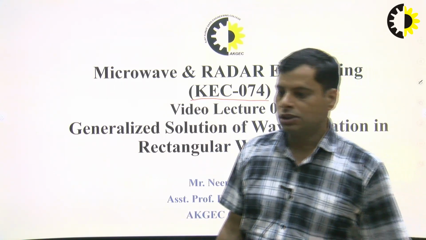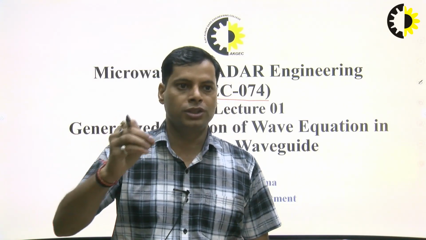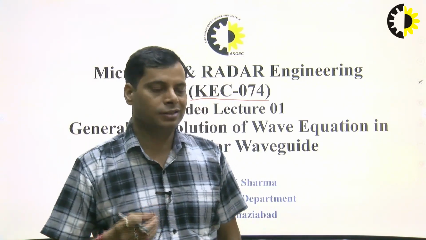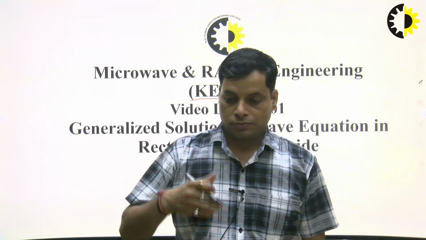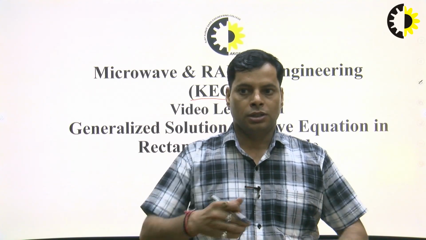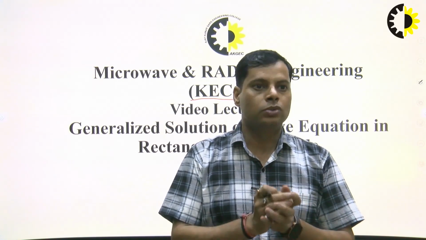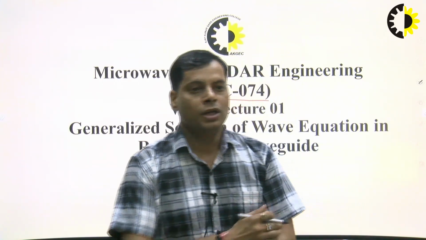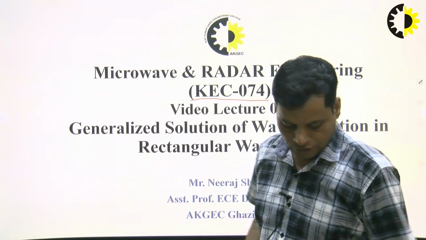We cannot see how the wave travels, but we can make a theoretical study. If we can find the value of E and H in the waveguide, then if we get any value for the electric or magnetic field component, we can say that the wave is propagating inside that waveguide.